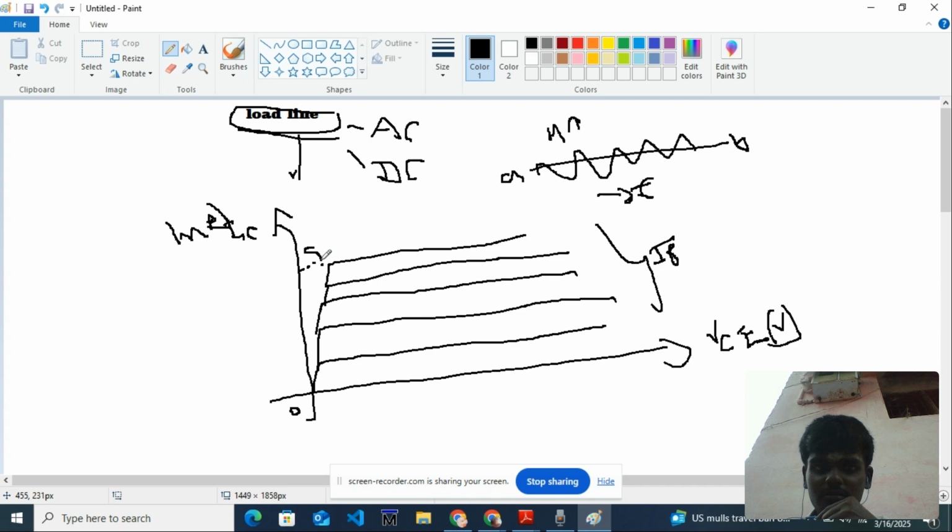This part is called the saturation region.